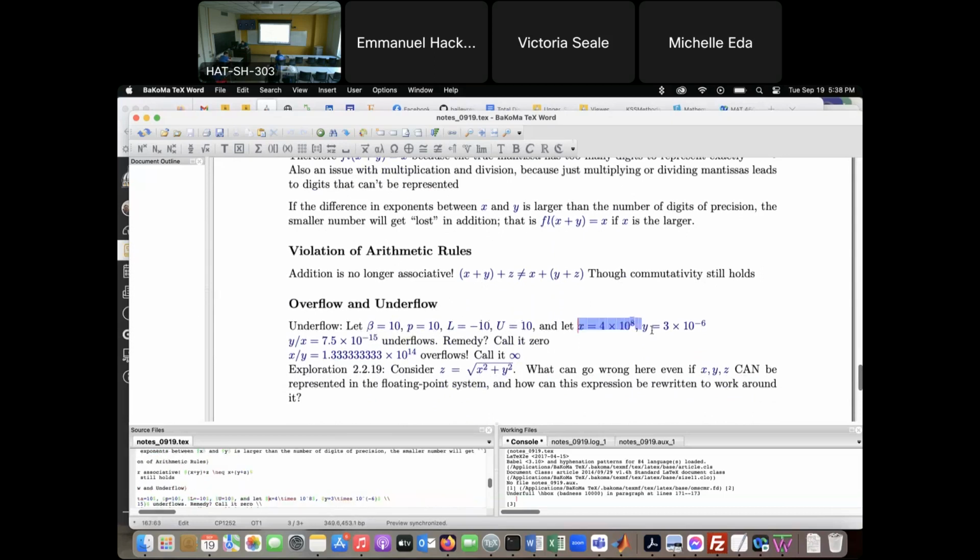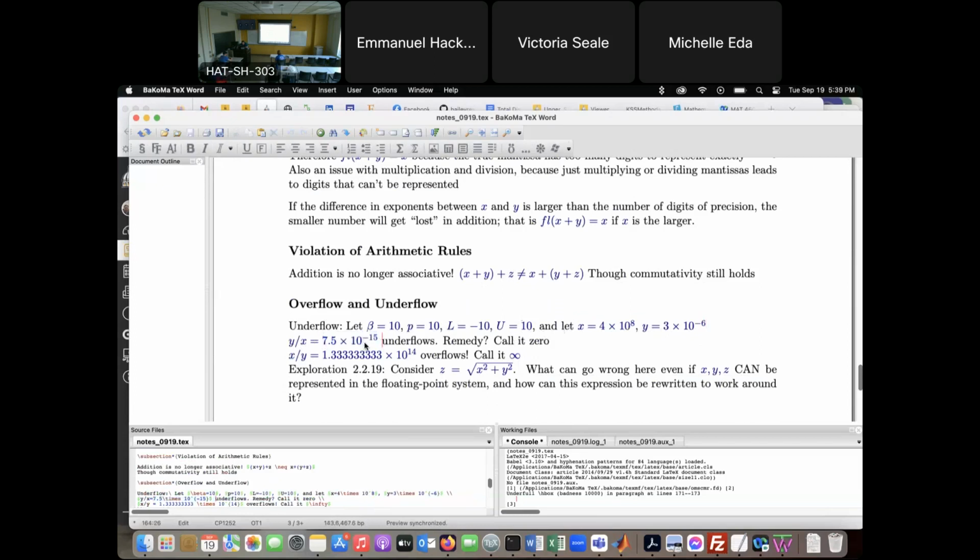So here are two numbers that are allowed within this floating point system. Again, x is rather large, y is rather small, just like before. So now I compute y over x. And when I do that, I end up with this number, 7.5 times 10 to the minus 15.